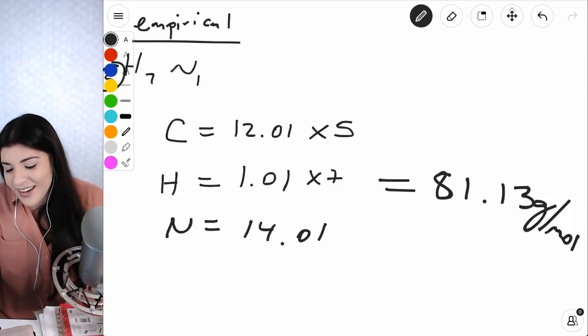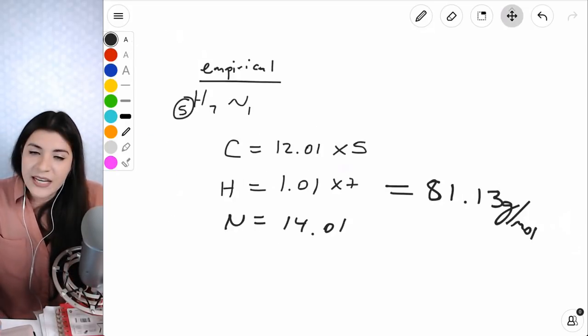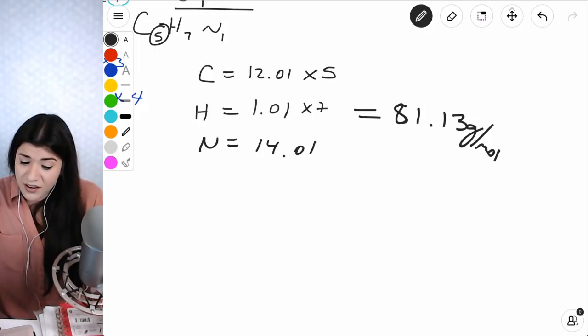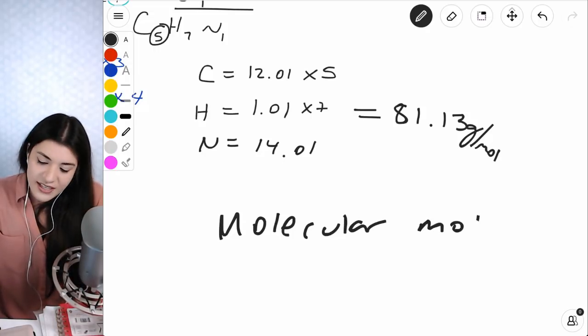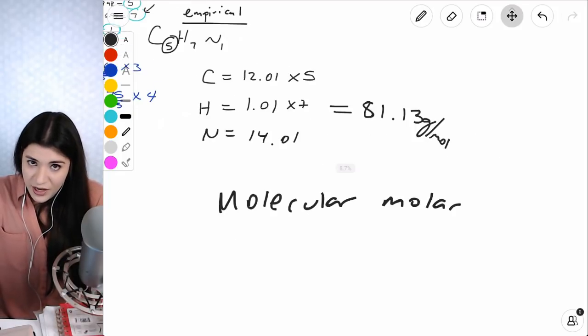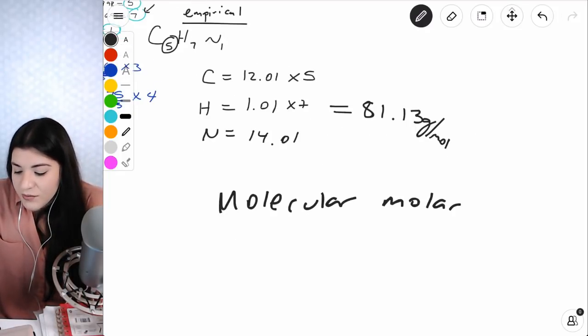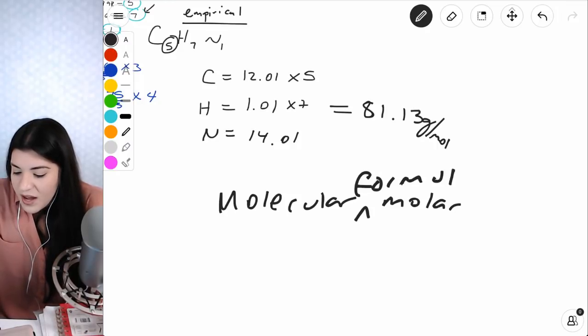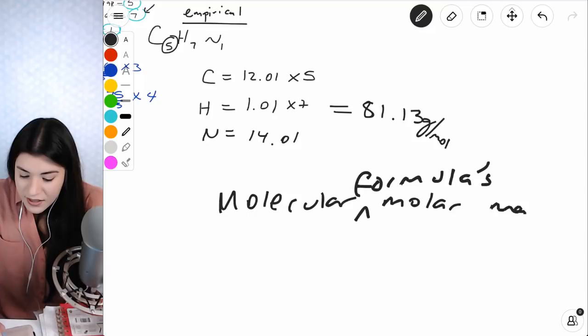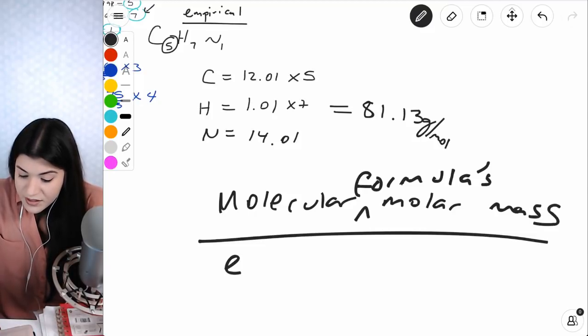The next step, we're almost done. The next step is to divide your molecular molar mass that was initially given, which always has to be given, by the way, to find your molecular formula. So your molecular formula is molar mass on top divided by the empirical formula's molar mass.